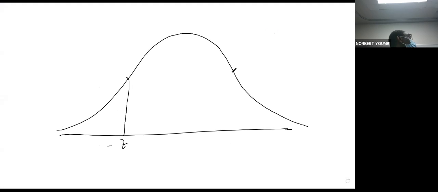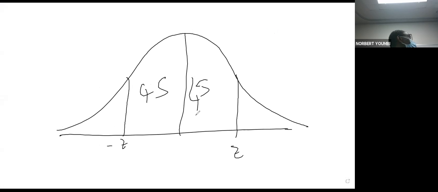This is minus z. This is z. In the middle here, you have 45% here and 45% here. So you have 5% here and 5% here.